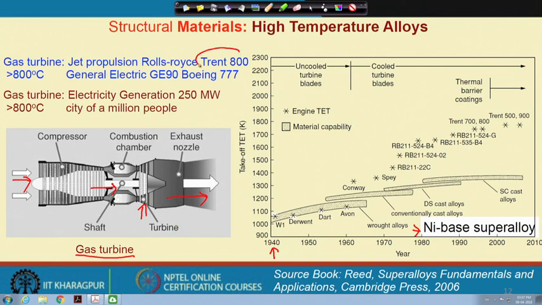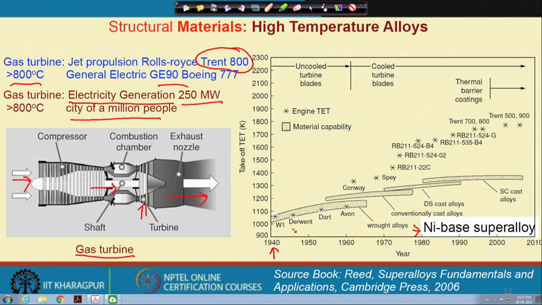As an example, the GE engine Trent 800 for GE 90 Boeing 777 is used for temperatures greater than 800 degrees centigrade, or for electricity generation, 250 megawatt of this kind of gas turbine engine can cater service to a city of millions of people.